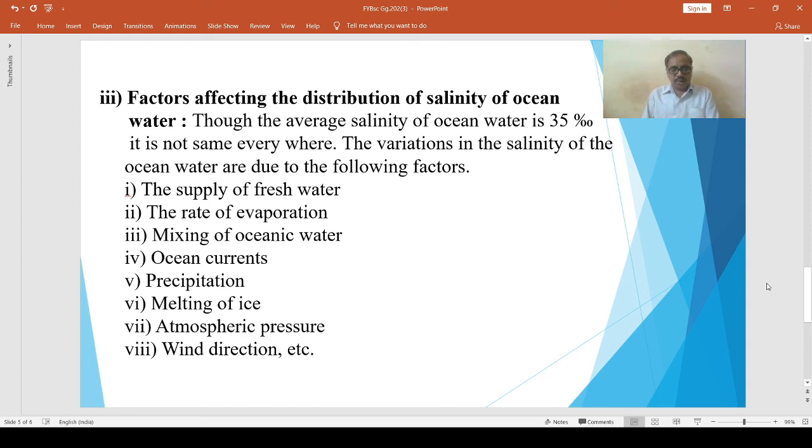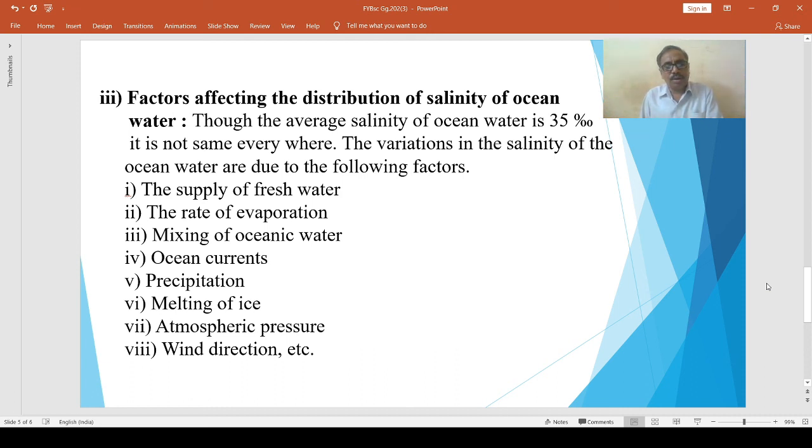The winds are also significant factors which tend to increase or decrease the salinity of ocean water. Besides, influx of river water, nature of sky, etc. factors also affect the distribution of salinity of ocean water.